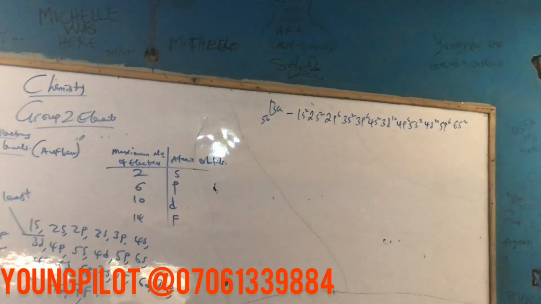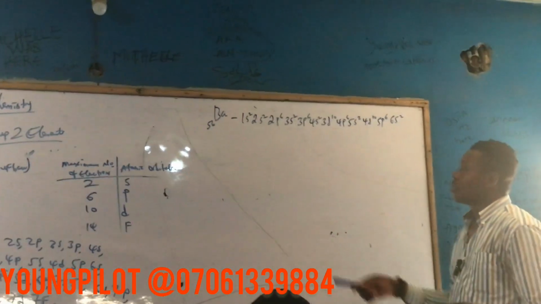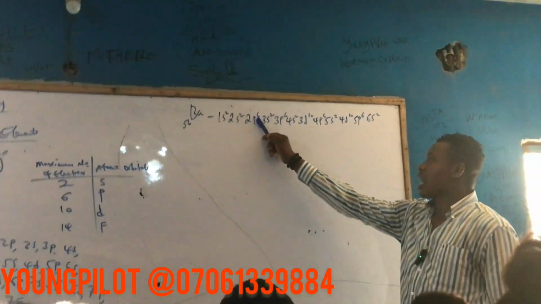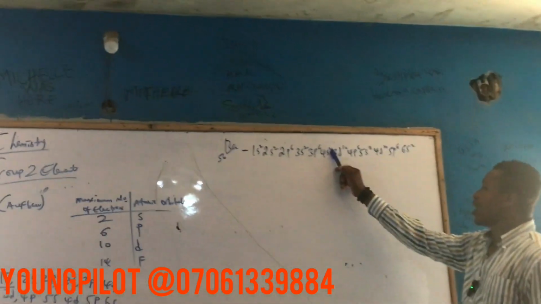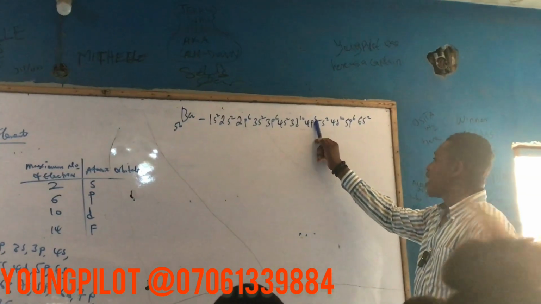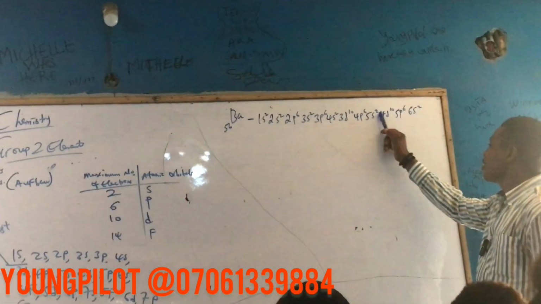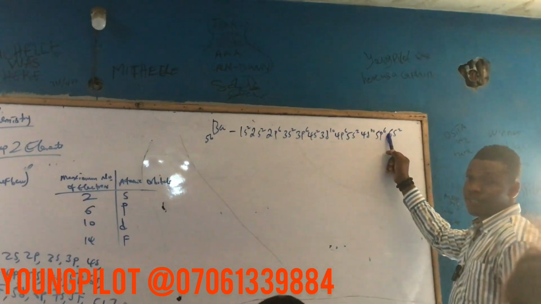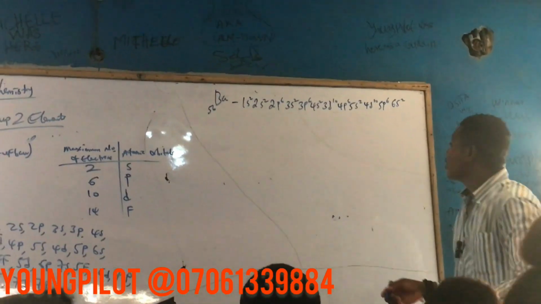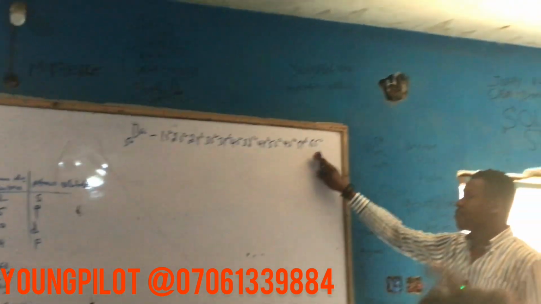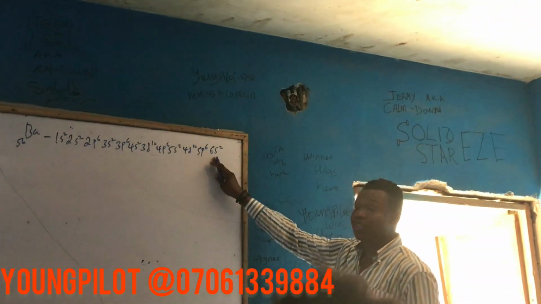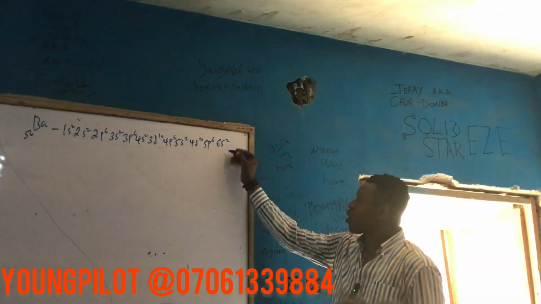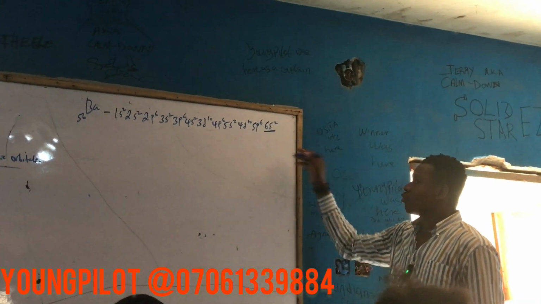Let's check if it's up to 56: 2, 6 makes 10, then 12, 18, 20, 30, 36, 38, 48, 50, 56. It's complete. Now let's check the last two sub-levels. This is 5p and 6s. The last two are not the same, so we consider the last one.